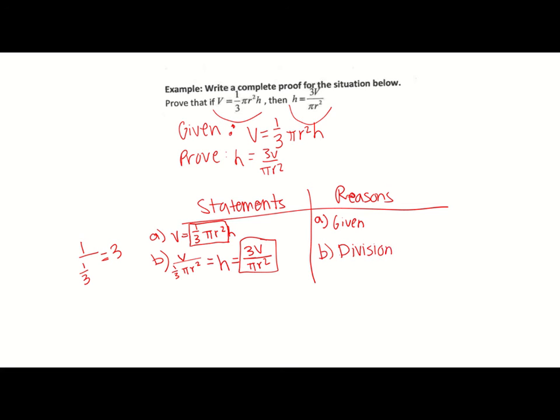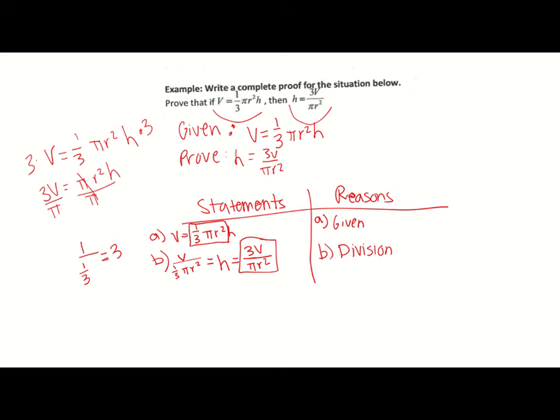Now you could do it one step at a time. You could say, first I'm going to multiply by 3 on both sides and use my multiplication property. And then I'm going to divide by pi and use my division property.